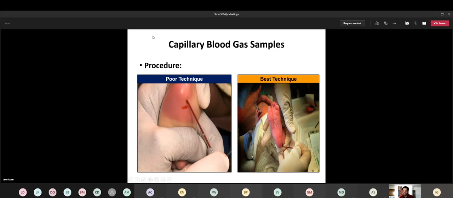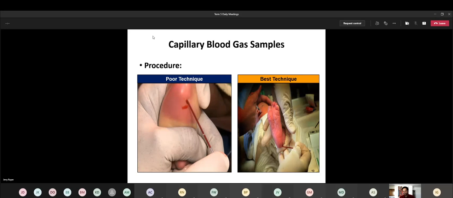So again, think of the person who has to check their blood sugar and has to poke their finger with this little device that's got a spring inside of it. Once that happens, it should just start bleeding. Then you take your capillary tube and just touch the blood, and the blood should just start to get pulled in.